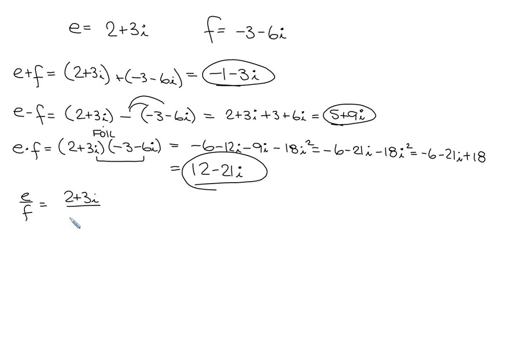So e divided by f is 2 plus 3i over negative 3 minus 6i. In order to cancel something, guys, all 4 of these terms would have to cancel at the same time. We'd have to be able to factor something out of the top and factor something out of the bottom and have those somethings cancel. That doesn't occur here. So we can't cancel anything, but we also cannot leave it in this form.